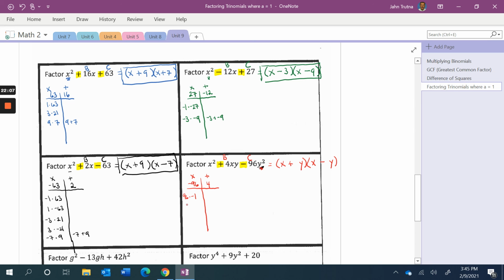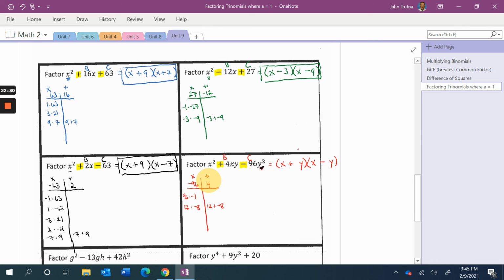Just for the sake of time, we're going to skip ahead, and I'm going to show you what the two numbers are. The two numbers are positive 12 times negative 8. Notice positive 12 times negative 8 is negative 96, and when I add positive 12 with negative 8, that gives me my positive 4.